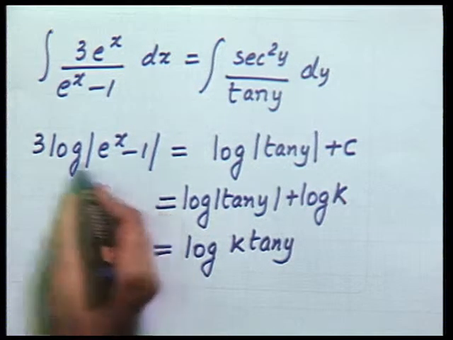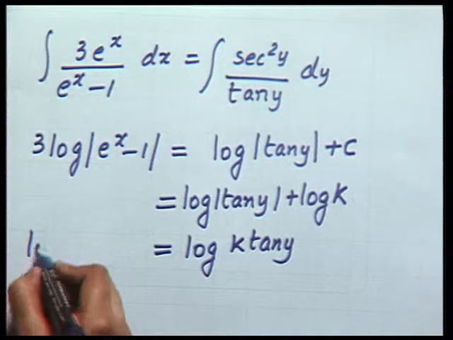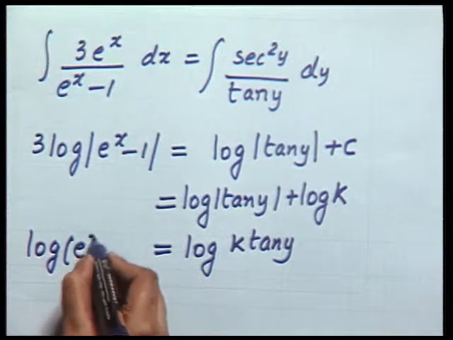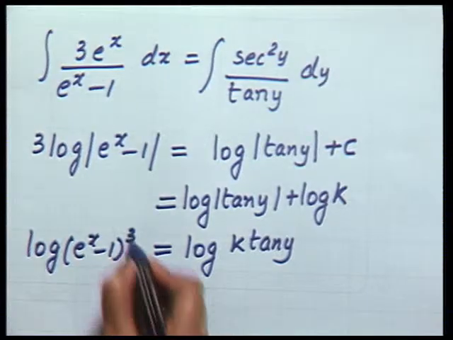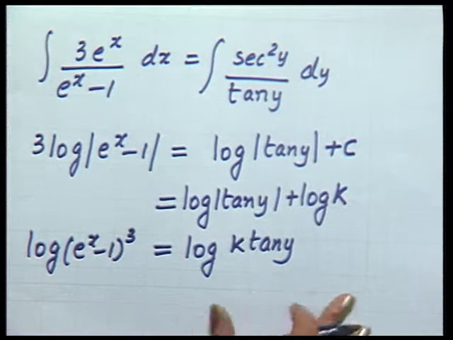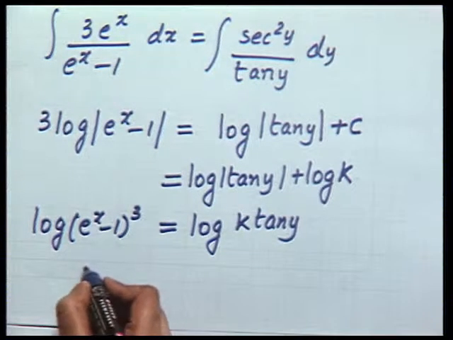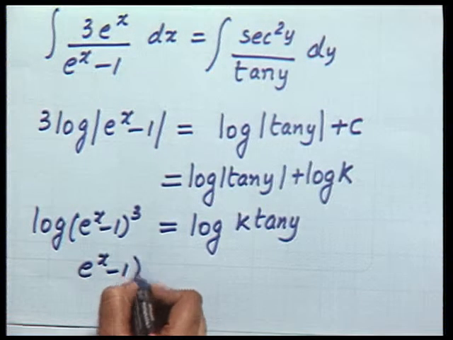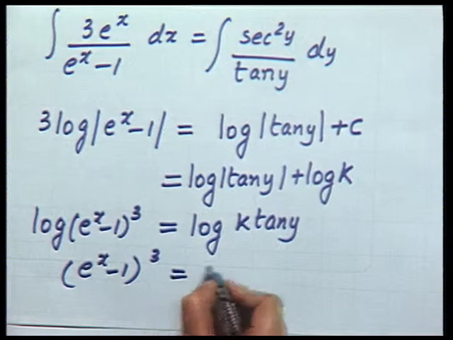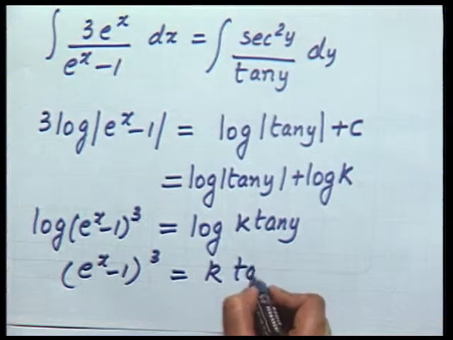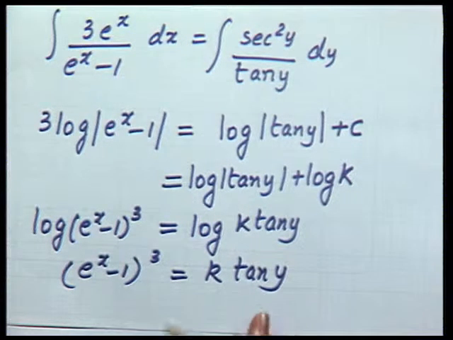On the other side, this 3 can be absorbed as log of (e to the power x minus 1) whole cube. So I can equate the terms and we will have (e to the power x minus 1) whole cube is equal to k times tan y. And this can be taken as your final solution for the given differential equation.